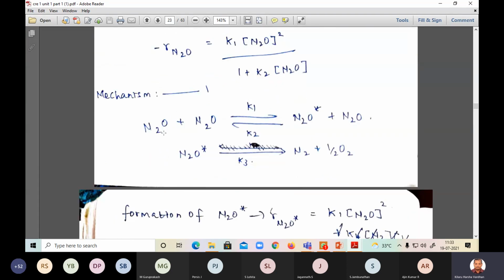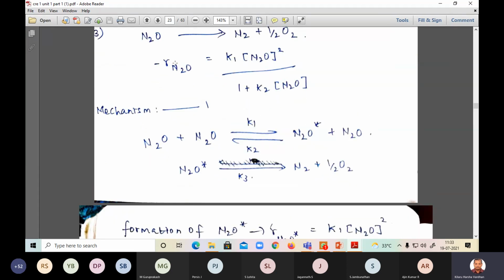This girl did it with N2O plus N2O because she is trying to get N2O in the denominator also. Therefore, N2O plus N2O gives equilibrium N2O star plus N2O. This N2O star is giving you N2 plus half O2. That is how she is making it.